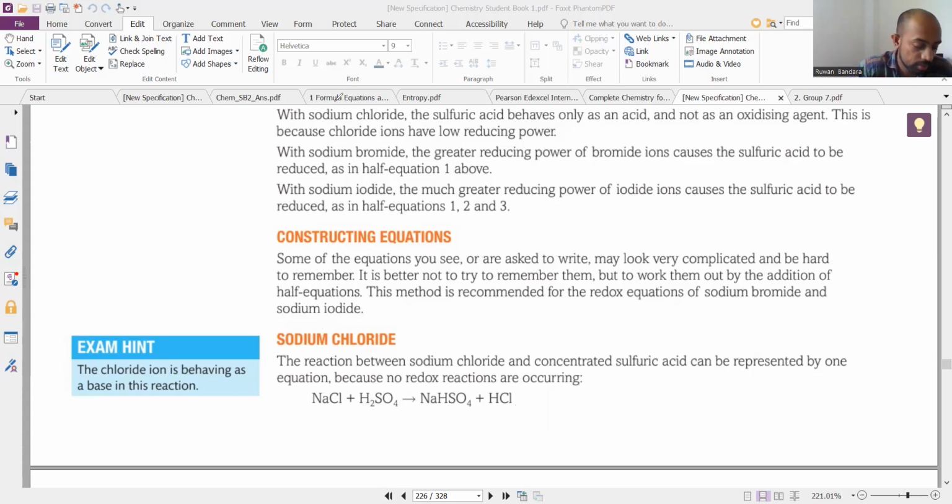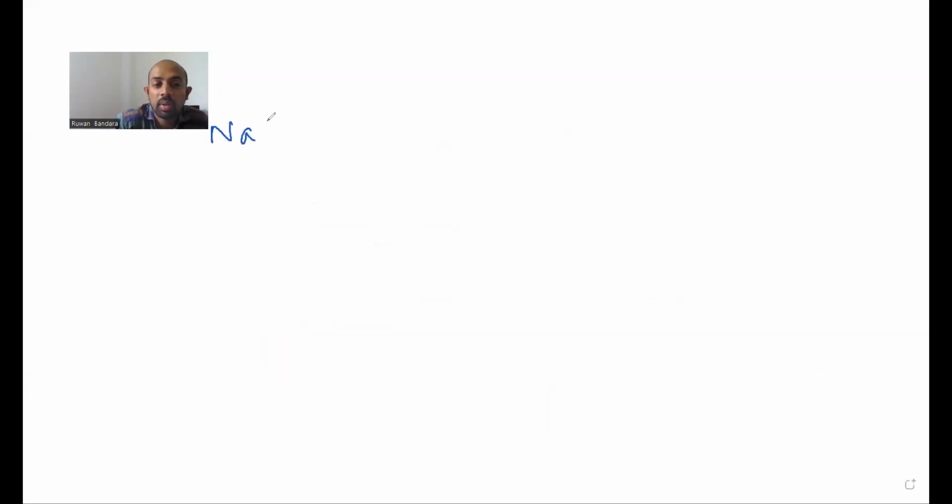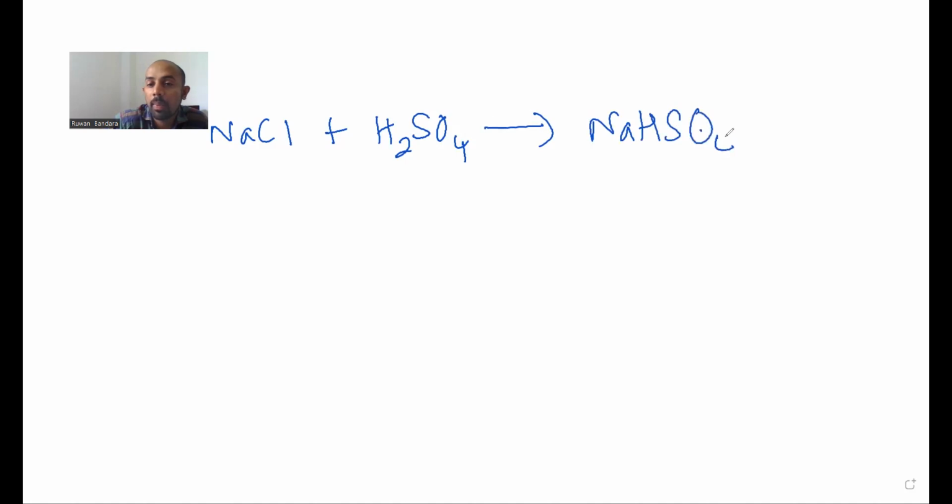Then sodium chloride will react with sulfuric acid to form sodium hydrogen sulfate plus HCl.